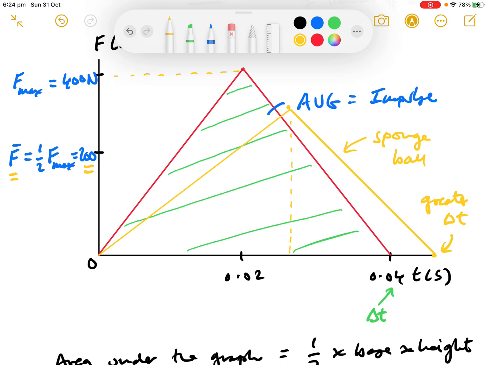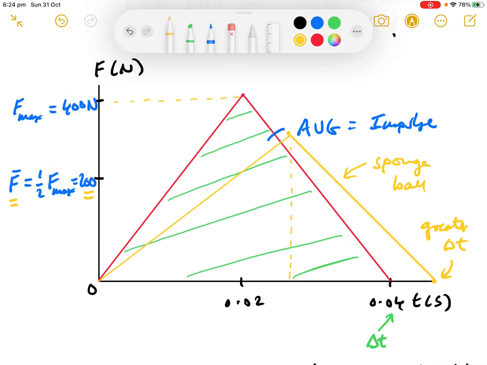So you get a longer compression and a longer decompression. And just before we leave this graph, here is the compression of the ball, where the force goes from 0 to F max. And here is the decompression.